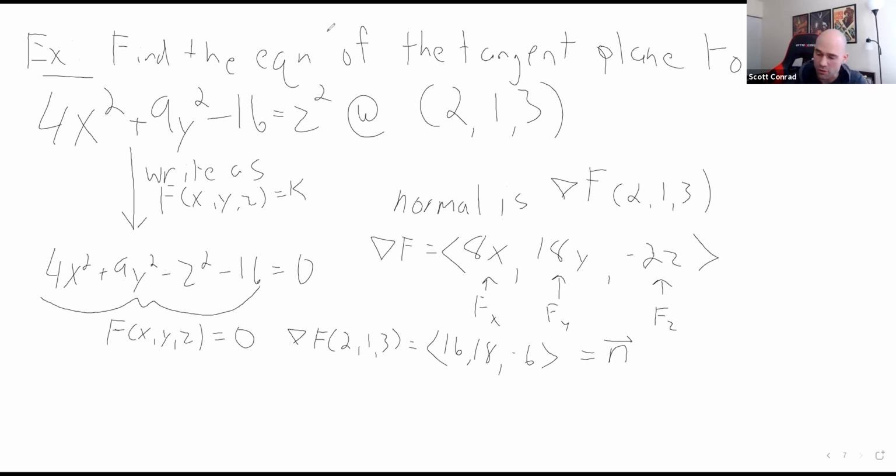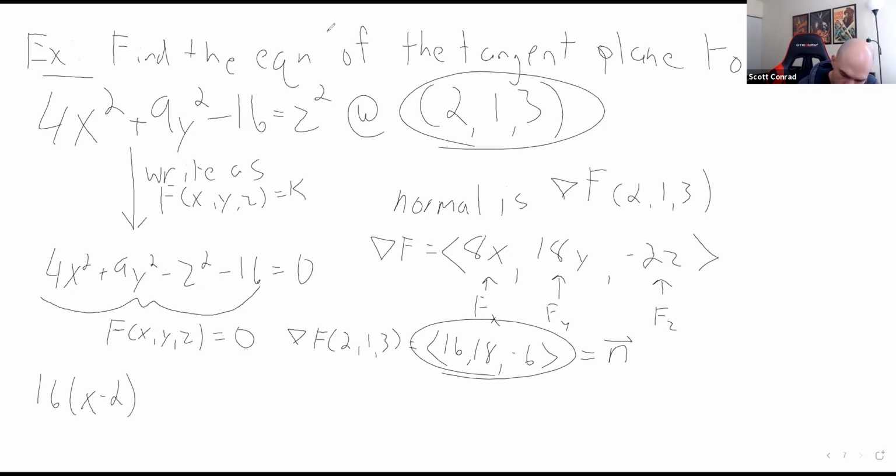And so then plugging this into our equation of a plane, we have a point. We have a normal vector. So our equation is 16(x minus 2) plus 18(y minus 1) minus 6(z minus 3) equals 0.